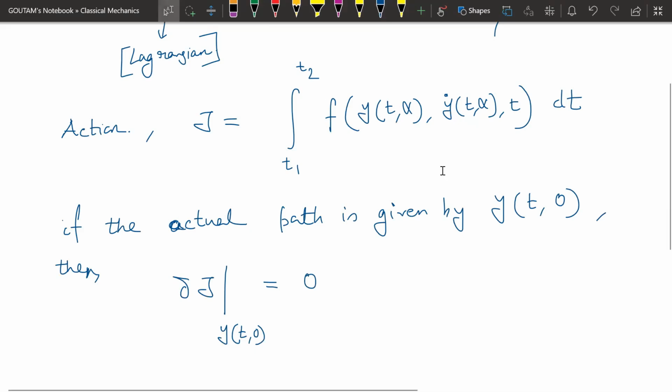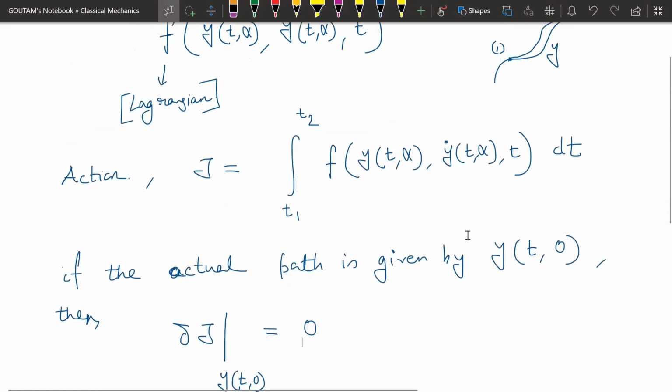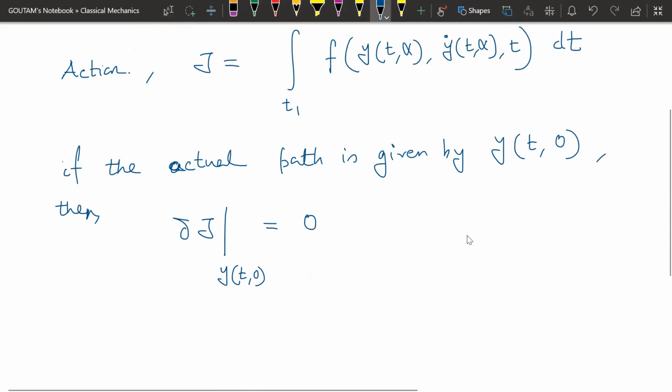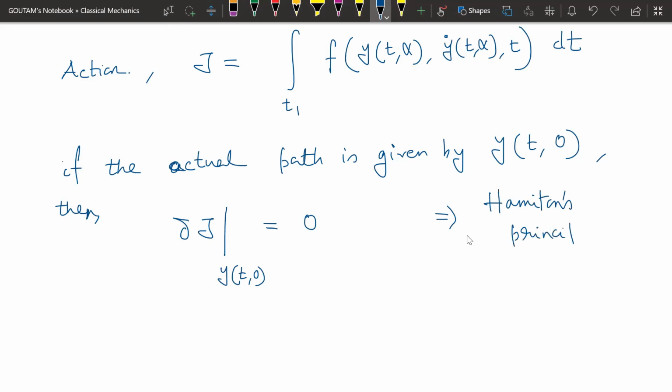So that's the principle. This is called Hamilton's principle.